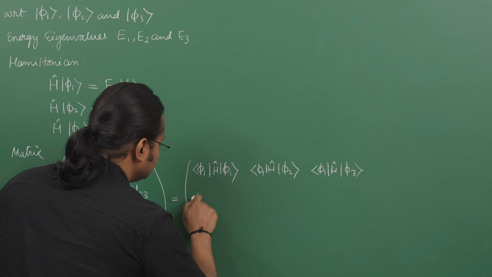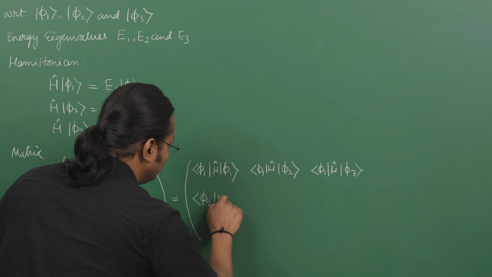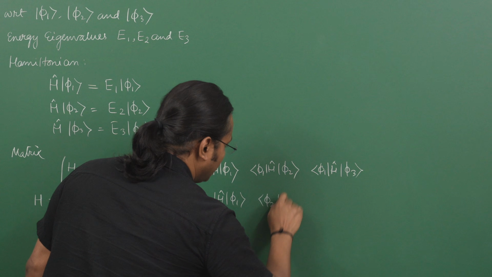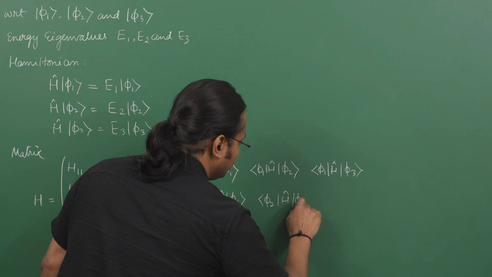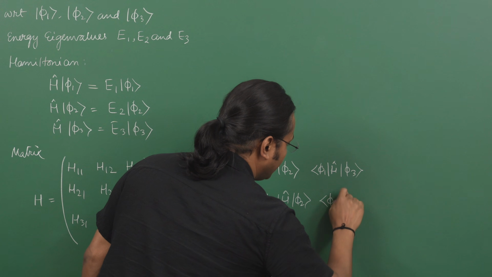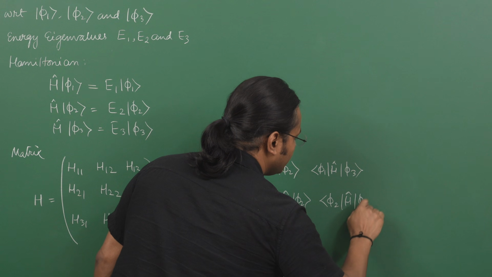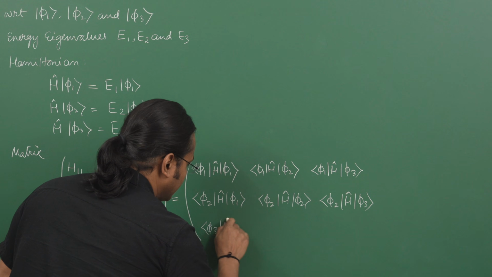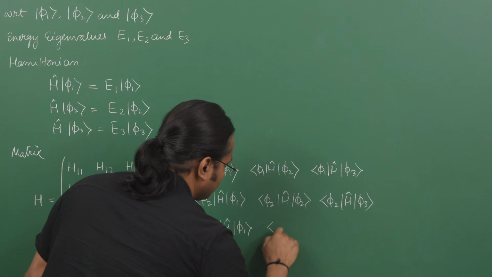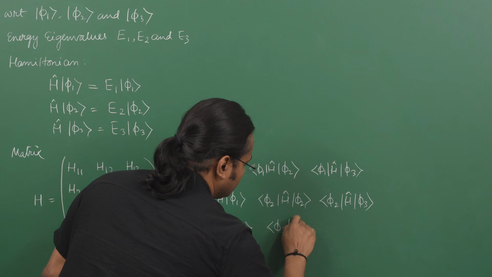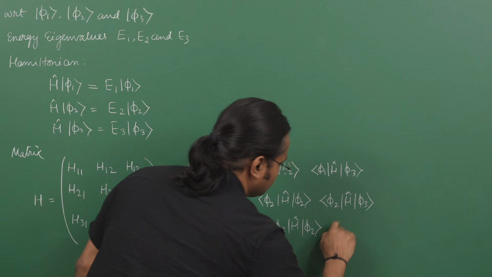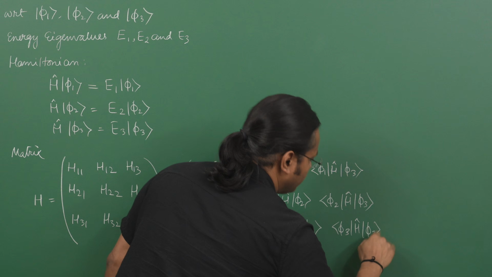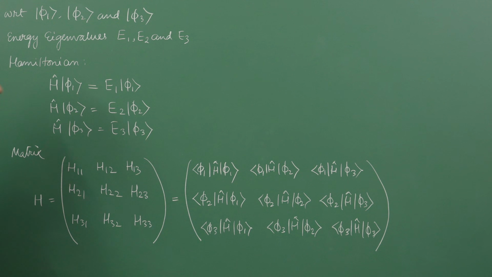Similarly, the other terms are phi2 H hat phi1, phi2 H hat phi2, phi2 H hat phi3, and the third row is kind of obvious. All right, so these are the terms that we need to evaluate.